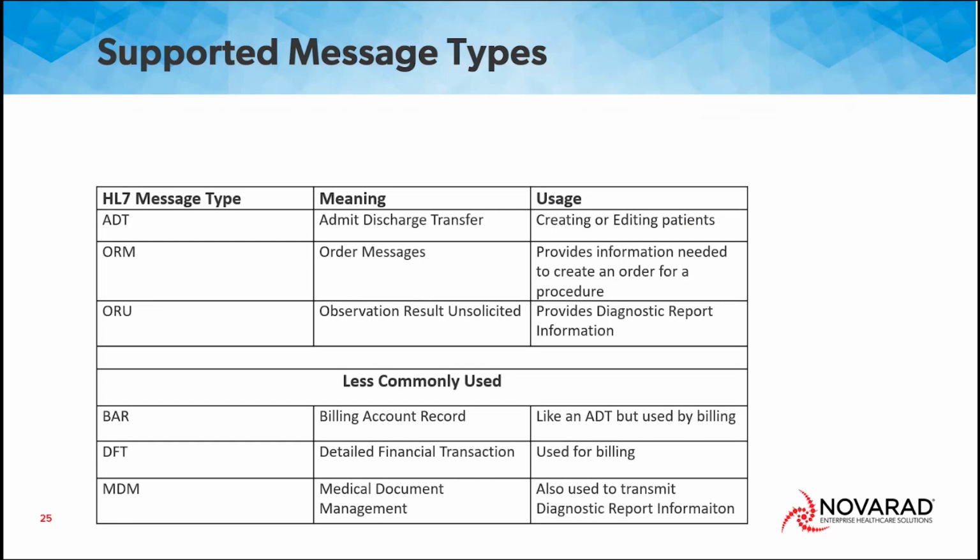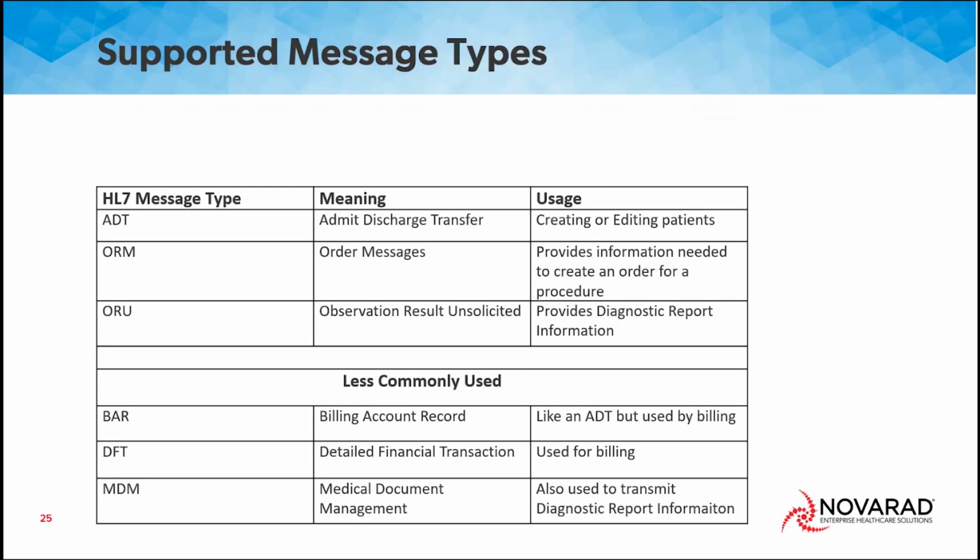So I went through that kind of fast. What they mean is you can see in that center column, and what they're used for you can see in the right-hand column. But for the most part, they mean almost what they sound like. An ORM is an order message, and it's used to provide an order for a procedure that's going to be done. Need an X-ray for the arm.